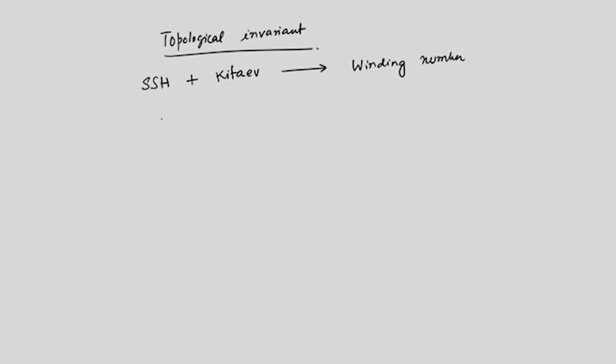For example, we have talked about the 2D electron gas in the presence of a magnetic field, and then the Hall conductivity is expressed in terms of this Chern number, and the same goes with the Haldane model.